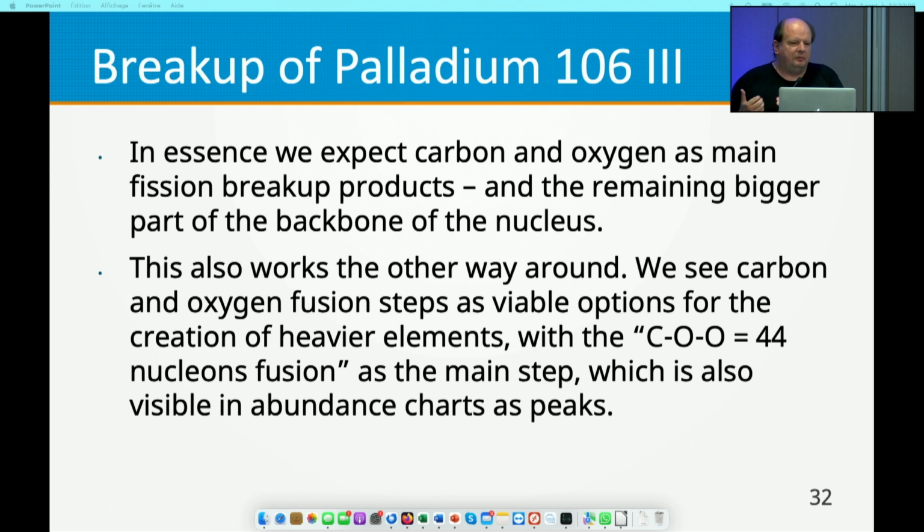So it could very well be that maybe the heavy elements are not created in neutron stars, but they were created in a heavy electrical environment on Earth in situ. And we see those peaks because those carbon, oxygen steps are the preferred steps.